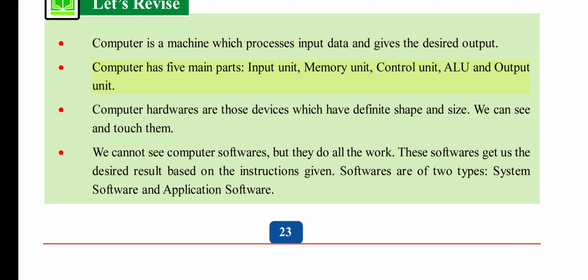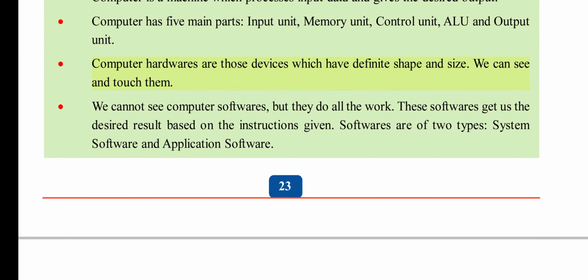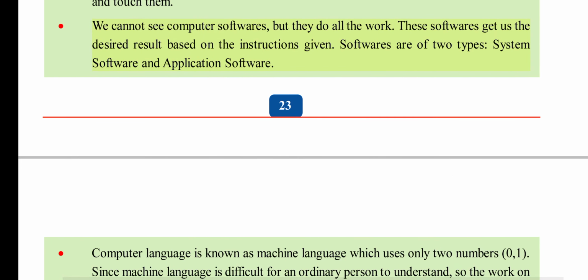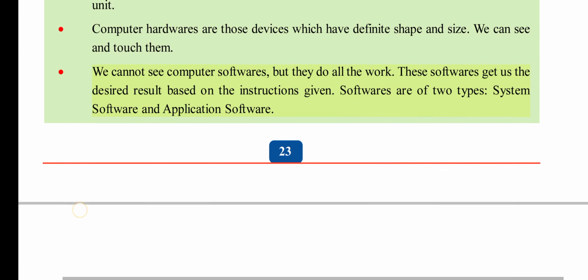Computer has 5 main parts: input unit, memory unit, control unit, ALU and output unit. Computer hardwares are those devices which have definite shape and size. We can see and touch them. We cannot see computer softwares, but they do all the work. These softwares get us the desired result based on the instructions given. Softwares are of 2 types: system software and application software.